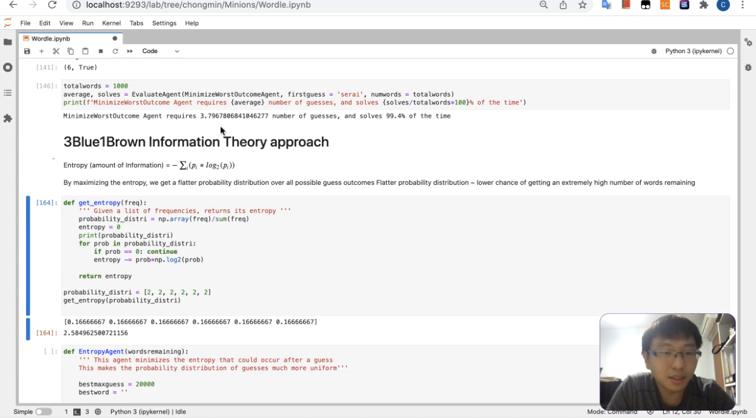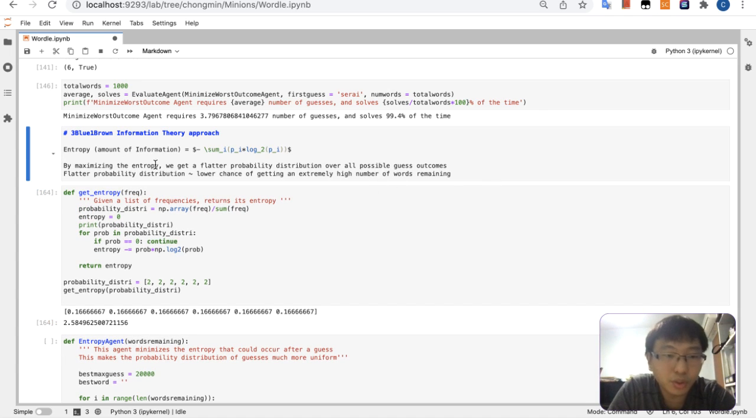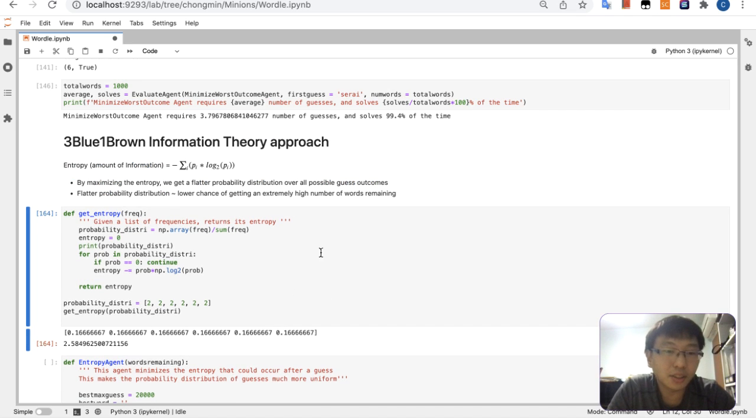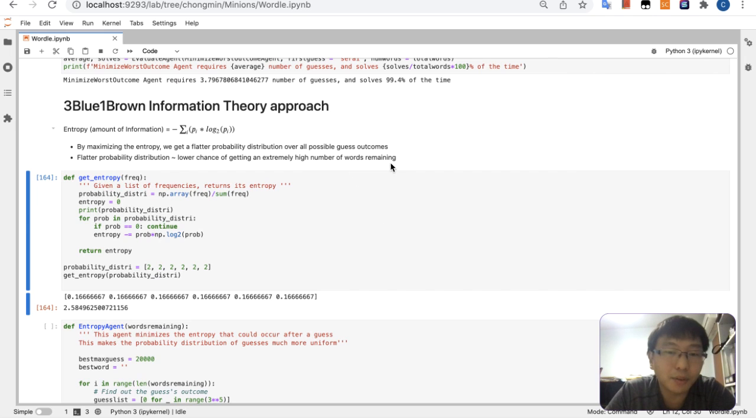I mean, in the 3Blue1Brown video, he also used something like information bits, but I think that's not necessary. Basically we just want to make the probability distribution flatter. We can just treat information theory as making the probability distribution flatter, and because of that, we minimize the chance of having an extremely high number of words remaining.